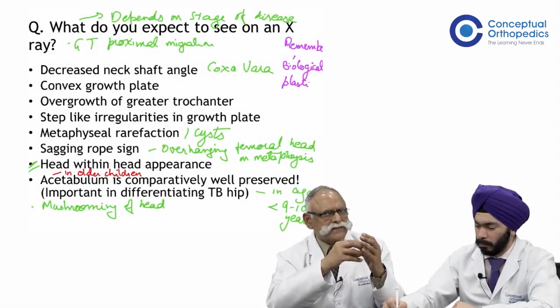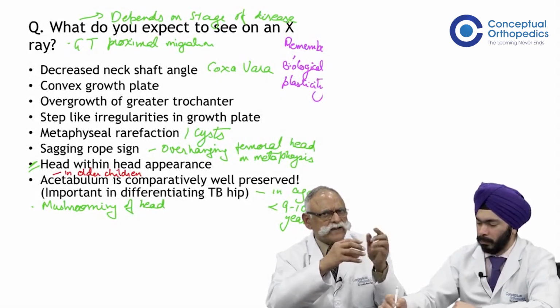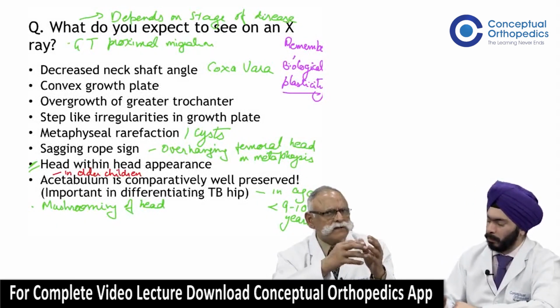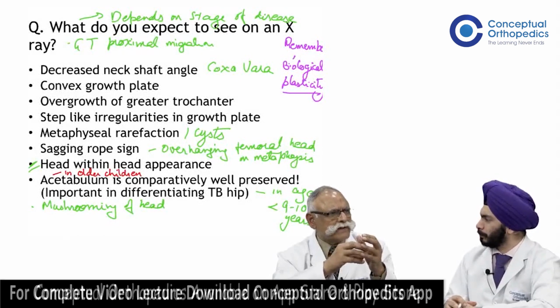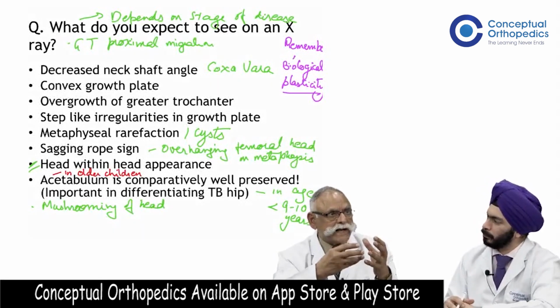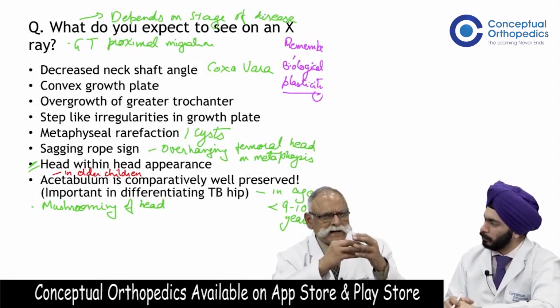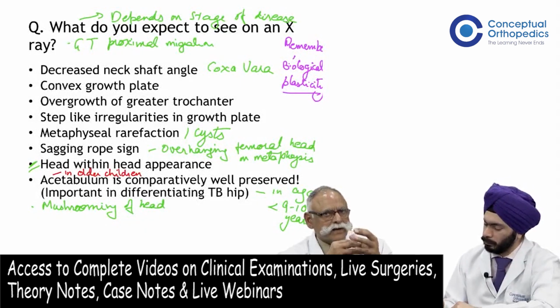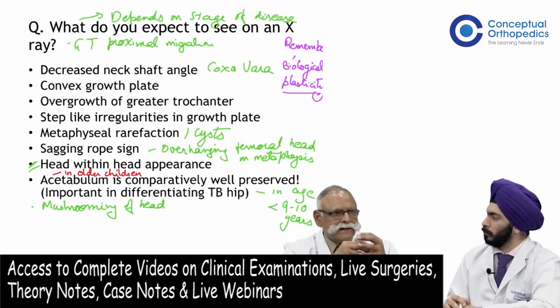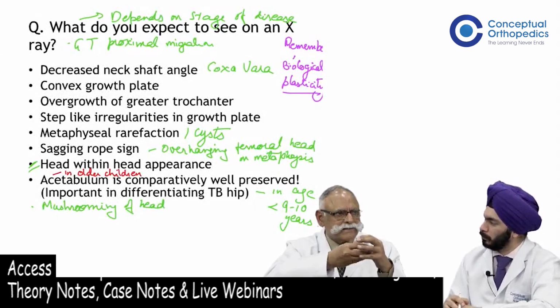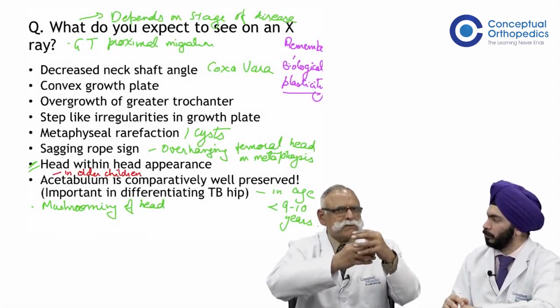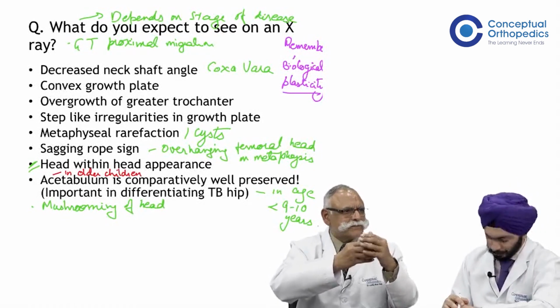That means, to start with, if it is from the center of the head, in the acetabulum, if it is hardly 2 millimeter out, then most of the time it's okay. But if it goes more than that, then it absolutely attains a cylindrical shape. And the acetabulum also, as the femoral head moves, starts taking the same shape.